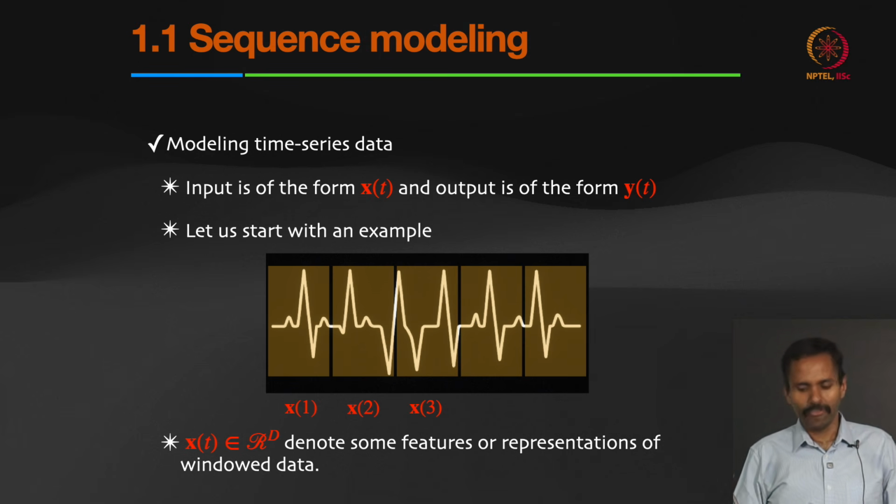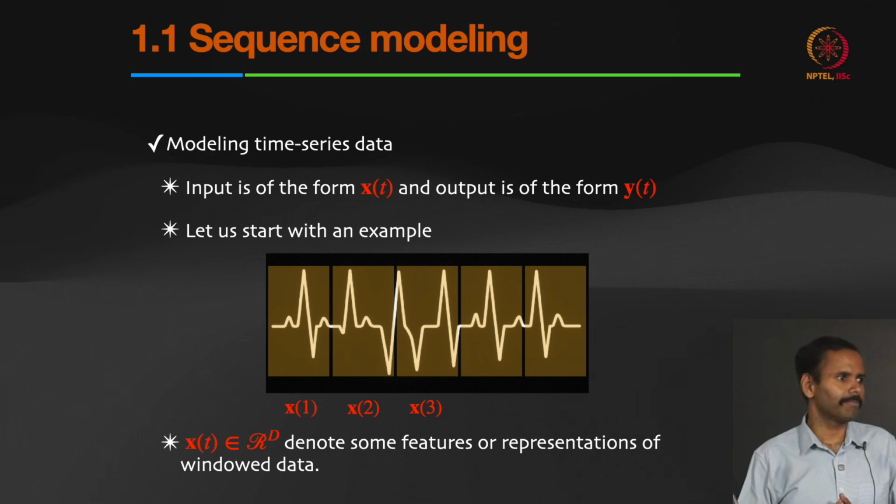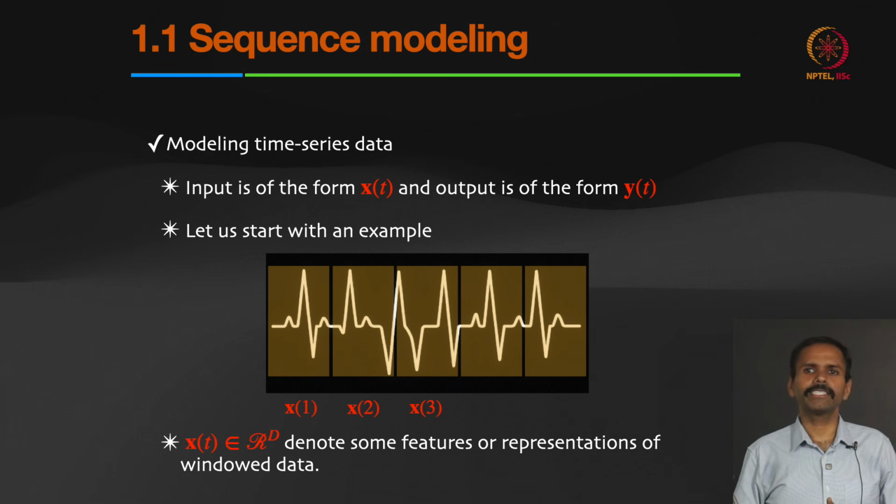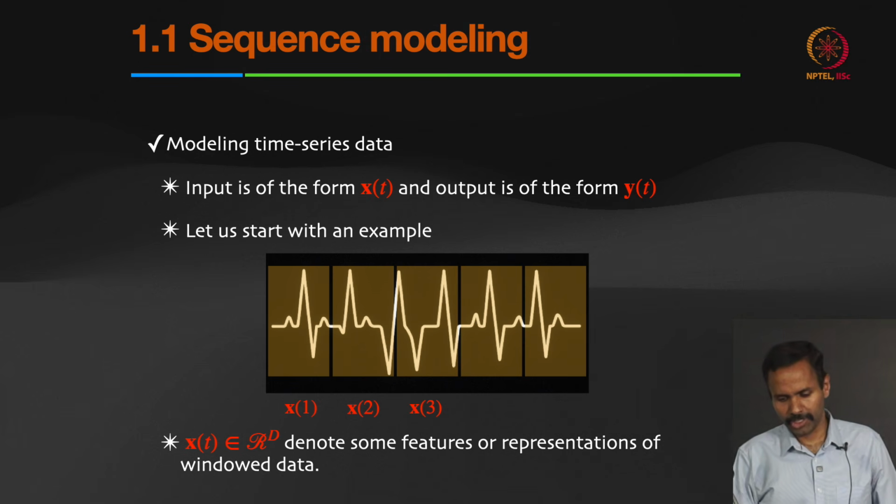Data which is of the form x of t, where x is some vector, matrix, or tensor representation of a real world phenomenon, and t not necessarily has to be time but some index of ordering, some index where you can start seeing something which starts at some location and then continues to evolve as a function of that variable. That is going to be the form of data that is of interest for the transformer style models.